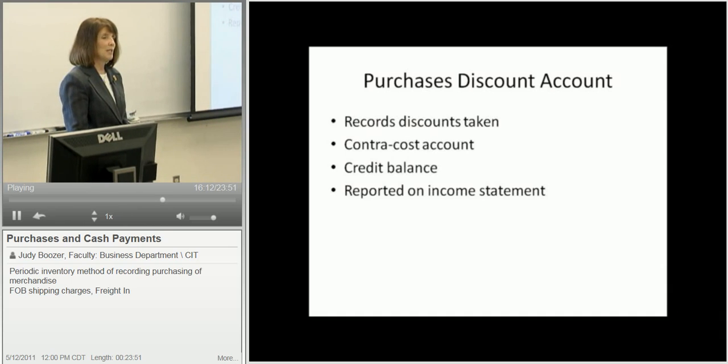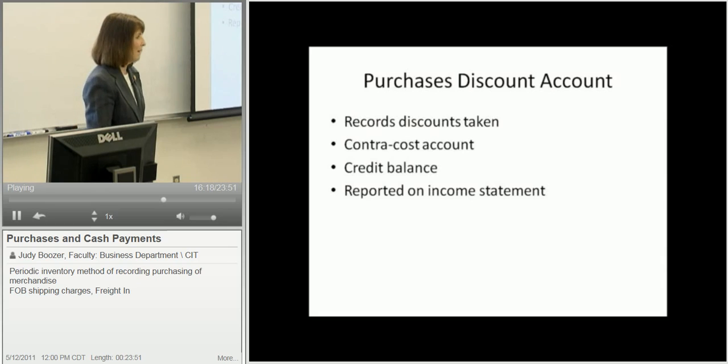It reduces purchases, gross purchases, discounts. What are discounts given for? Prompt payment. So whatever the terms happen to be, you can take advantage of that discount if you pay it within the terms of that discount.